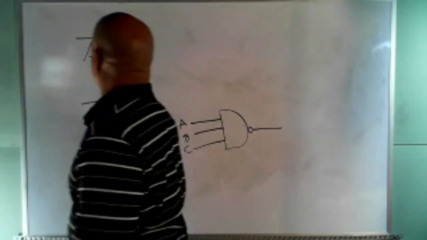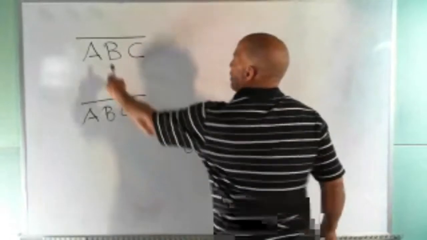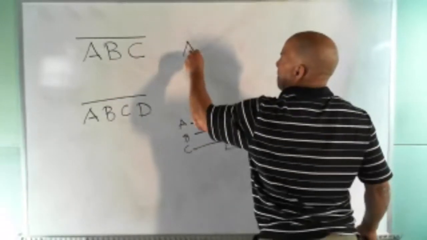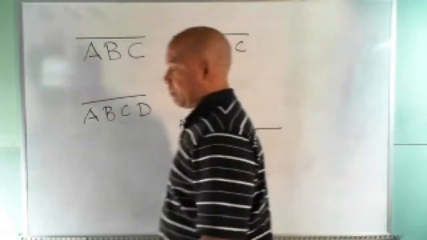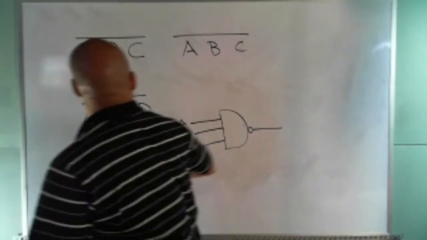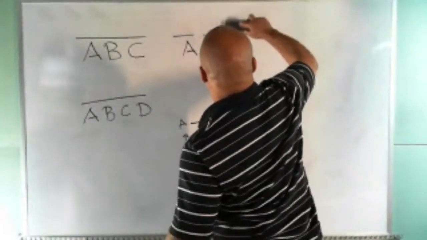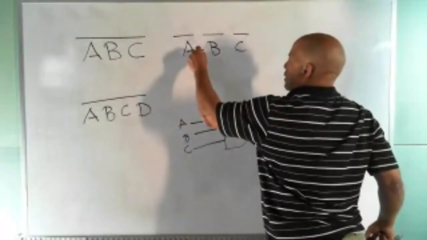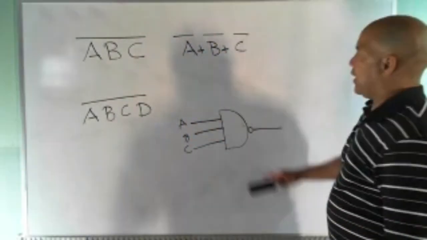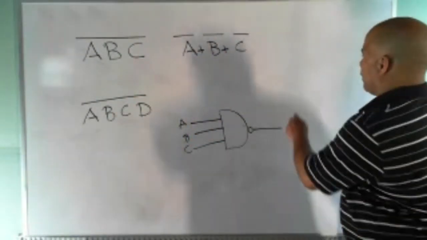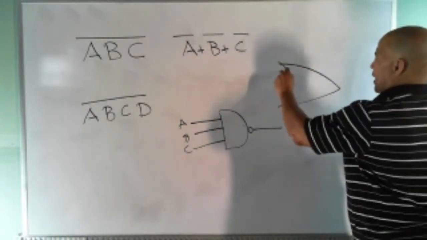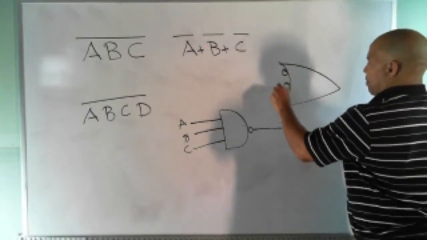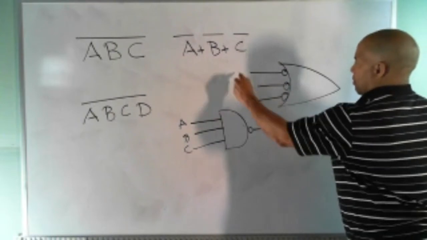So if I break the line, I get this. I break the line. And I change the sign. So that's saying that this is equal to an OR gate with the inputs knotted. Like that.